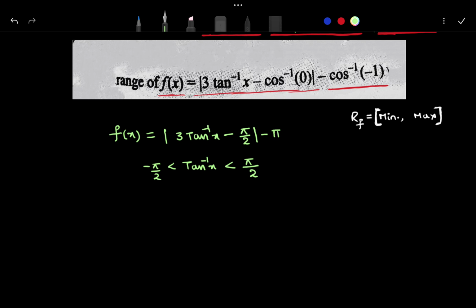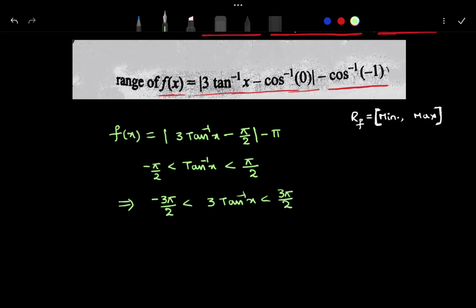Now multiply with 3: minus 3 pi by 2 is less than 3 into tan inverse of x, which is less than 3 pi by 2, right?